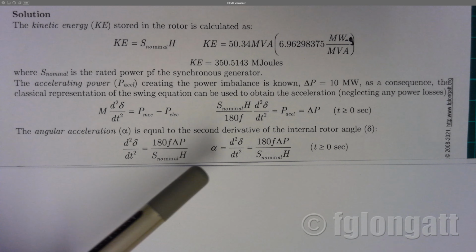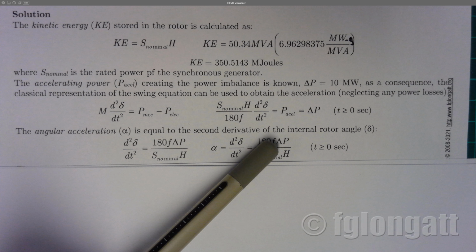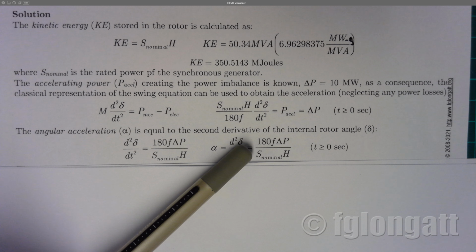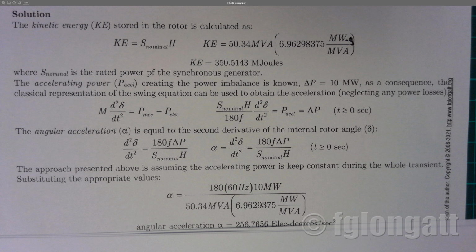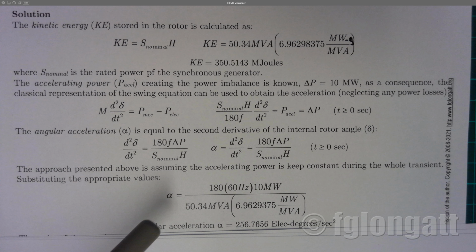Here we have the acceleration alpha, we have 180, the constant f of 50 hertz, delta P of 10 megawatts, which is the accelerating power. We know the value of the rated apparent power, 50.34, and we know H, 6.96. It is just a question of putting the numbers together. When we do, alpha, the angular acceleration, is equal to 256.76. That is extremely simple.